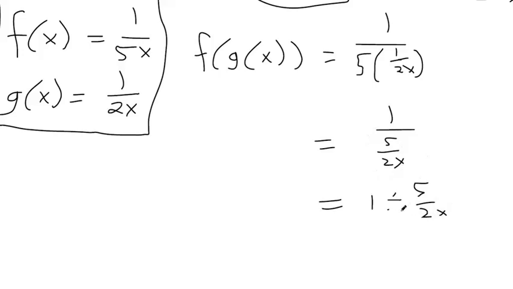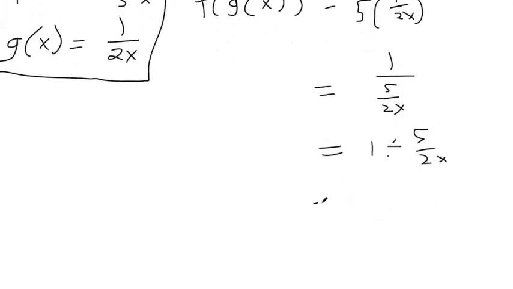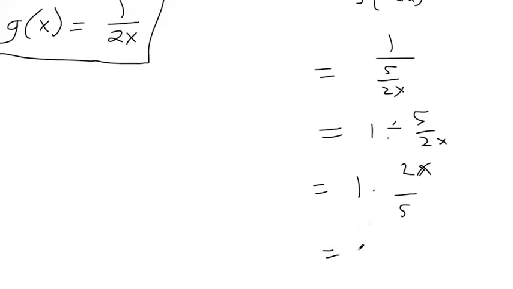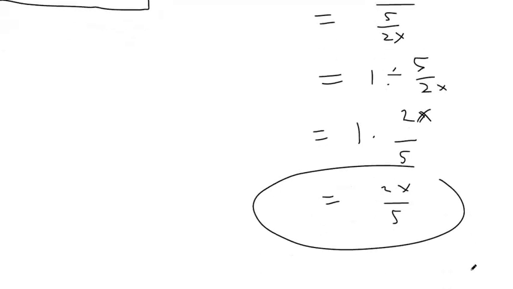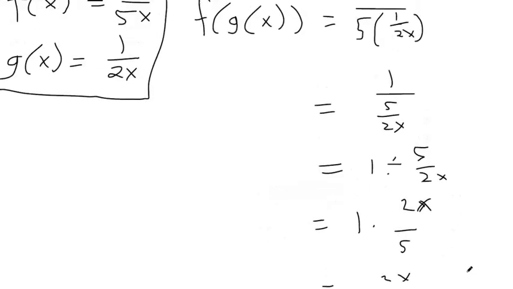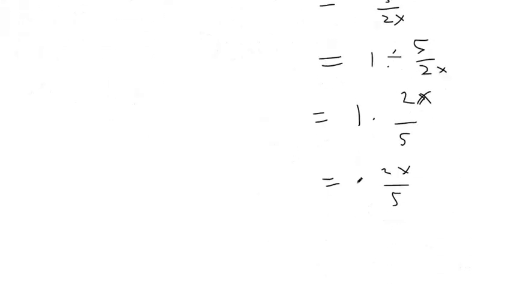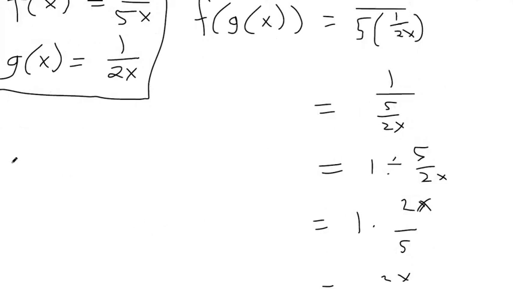Same thing, right? I just used a different division symbol. But now I can flip and multiply that second fraction, 2x over 5. So there's a lot of fraction flipping going on there, but that's our final answer. We've simplified. F of g of x is 2x over 5.